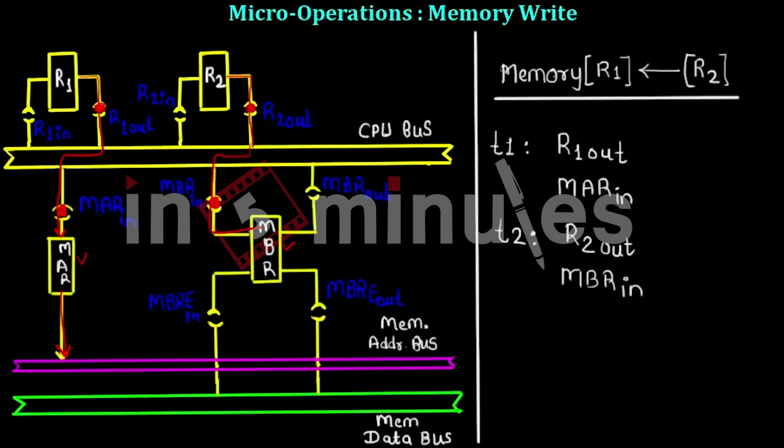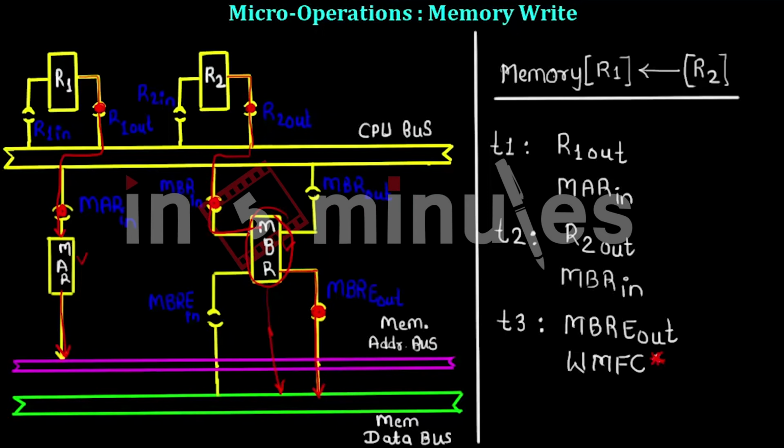Now in the final T state, we want to write the data from the MBR to the data bus. So for that, we are going to activate the MBR out signal, this one, so that data from the MBR is written on the memory data bus.